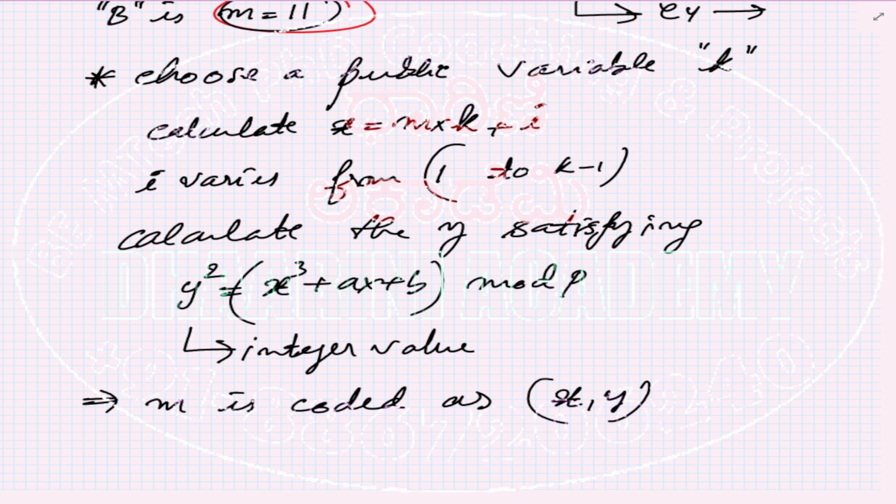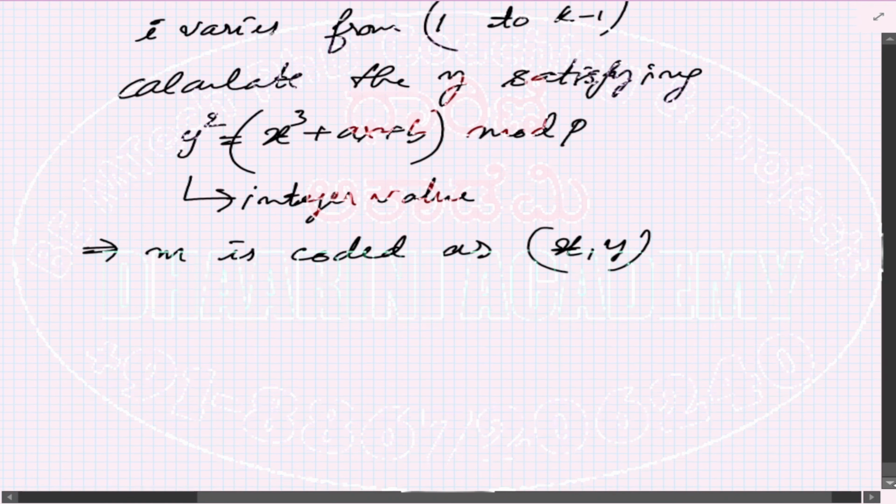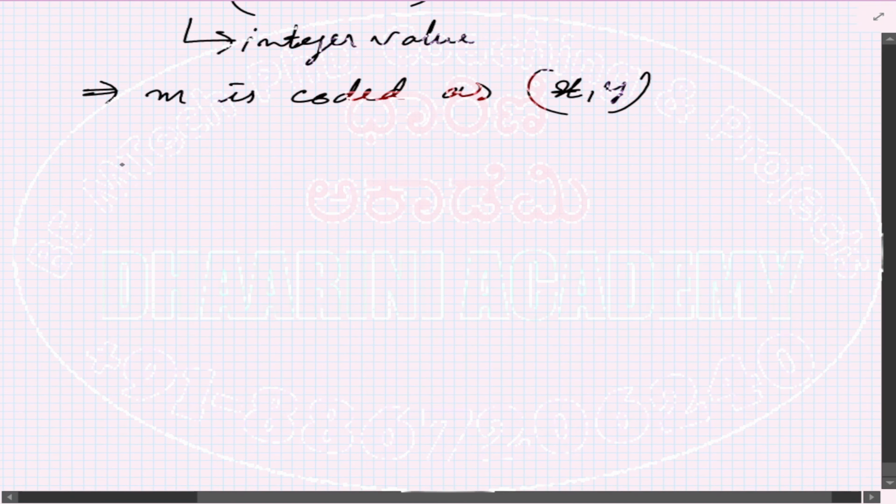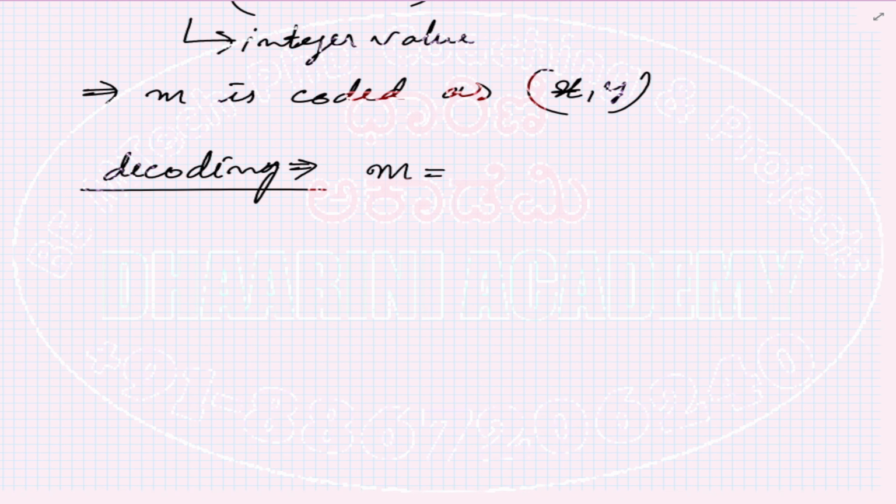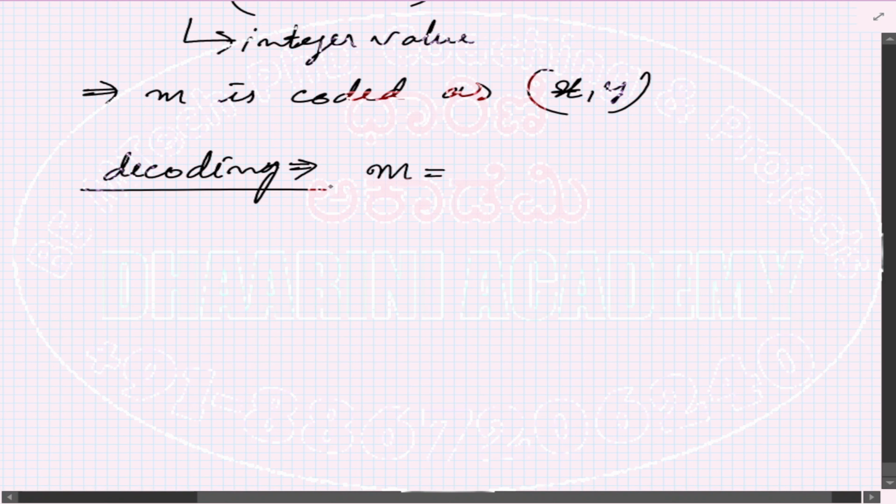So how do you decode now? So this is an encoding process, right? Decoding can be done, again, there are multiple levels of encoding that can take place, right? Assuming that there is only one level in this case.